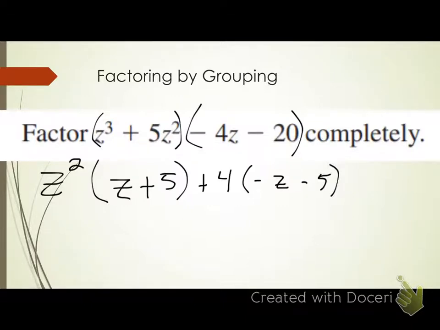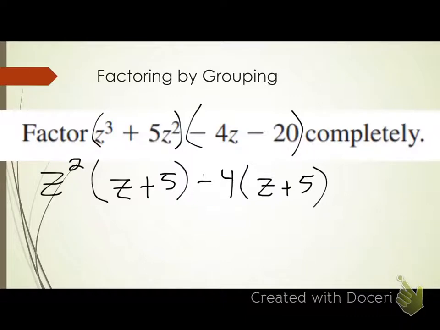No. So what do you think I need to factor out instead of a positive 4? Negative 4. Negative 4 times what would give me negative 4z? Z. Negative 4 times what would give me negative 20? Positive 5. Do I have two things matching up now?